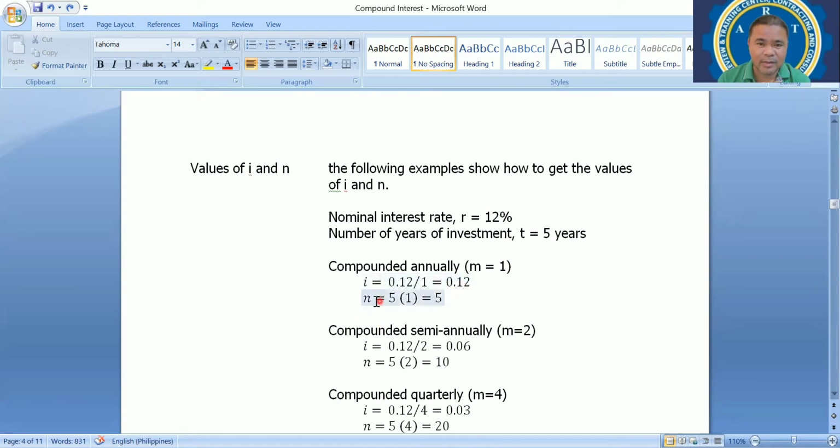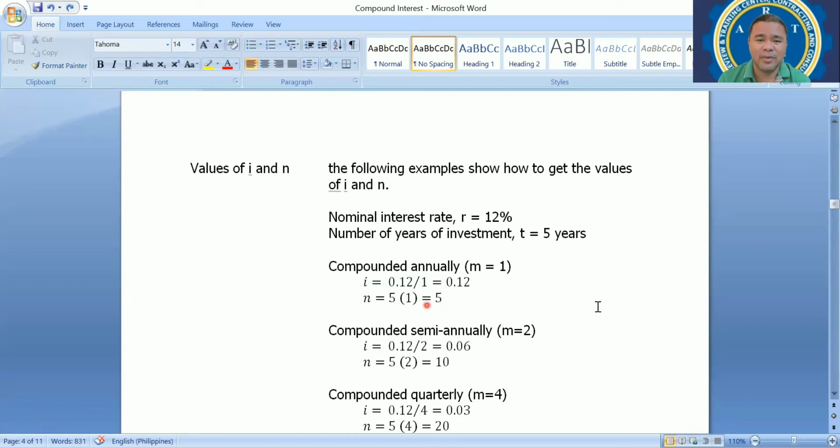Then n equals m times t, which is 5 times 1, equals 5. That's annually. There's nothing complicated if the interest is compounded annually, or simple interest for 1 year.